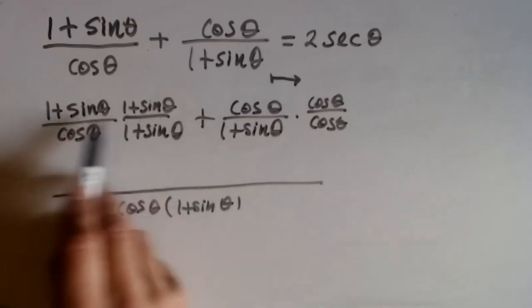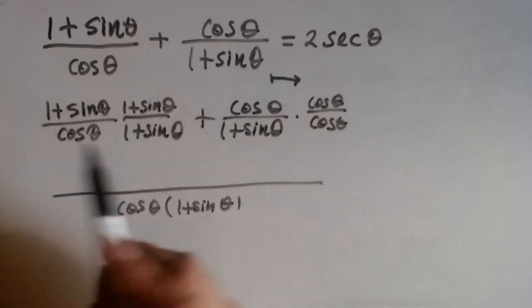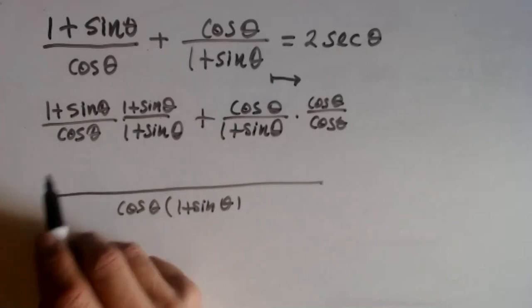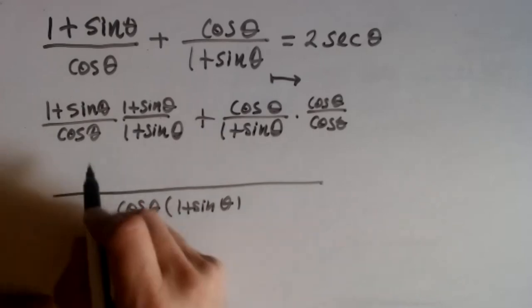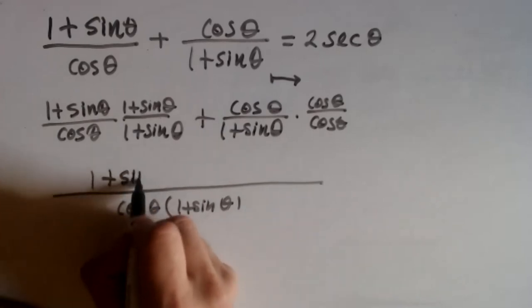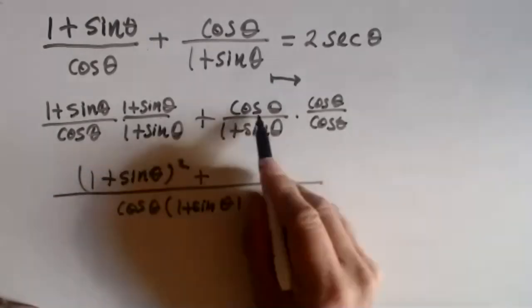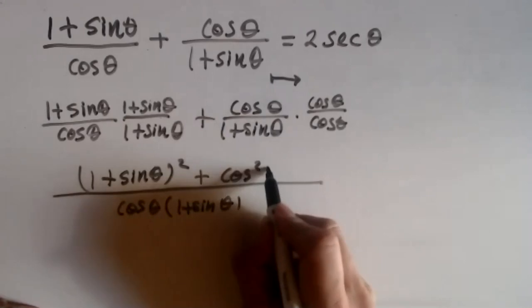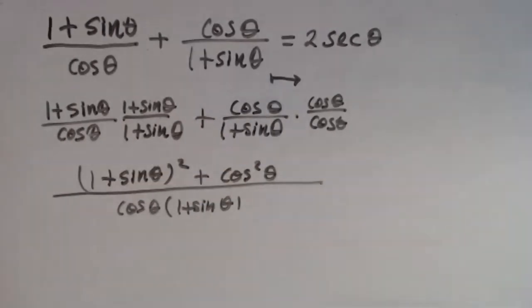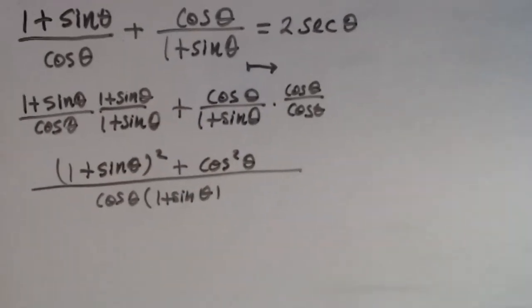And here, you see, is 1 plus sine theta squared plus this times this is cosine theta squared. Oh, gosh, well, doesn't look better than I would like to, but let's try this one.